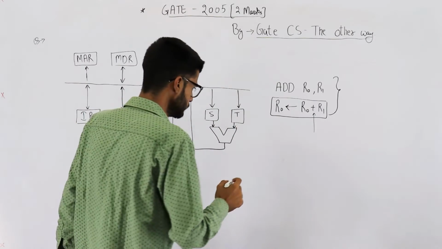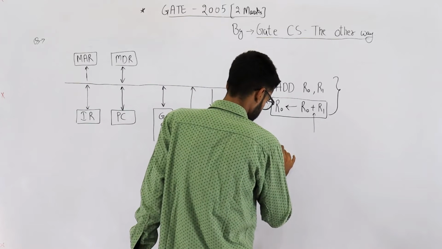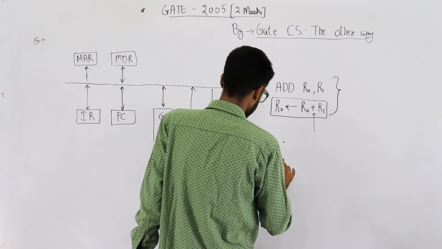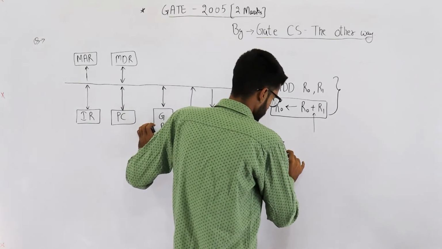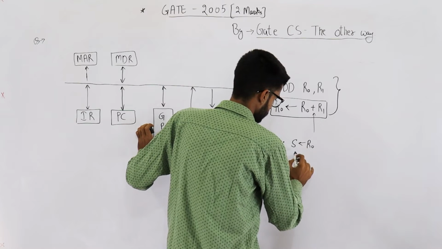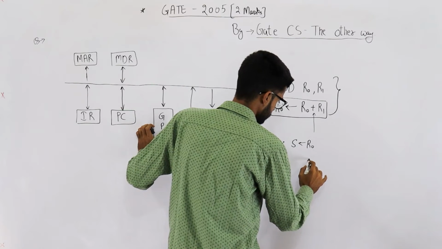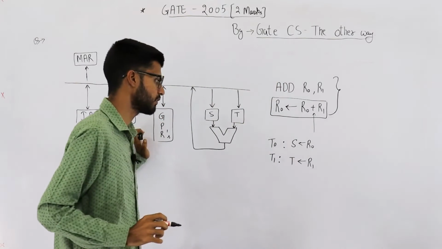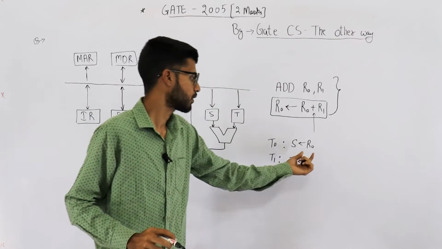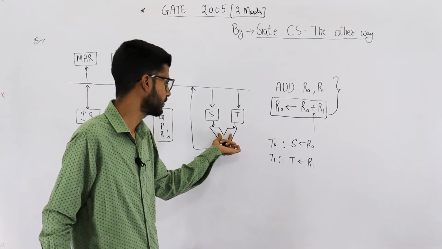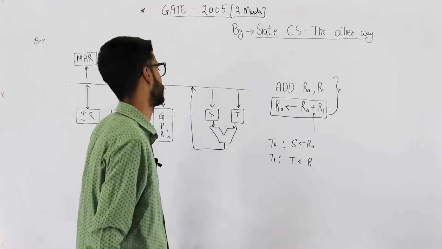That means T0 and T1 will be copying values of R0 and R1 into S and T because that's the only way to provide input to the ALU.